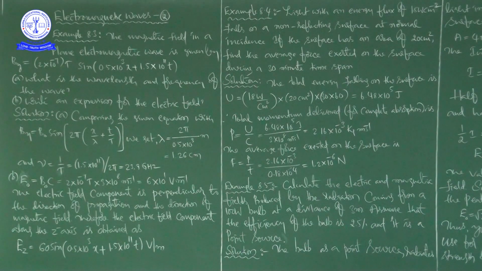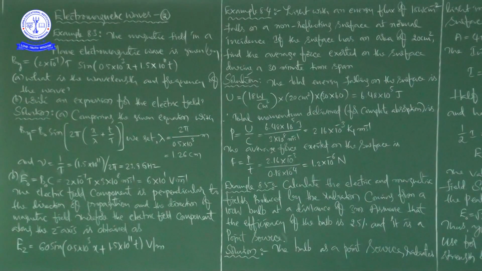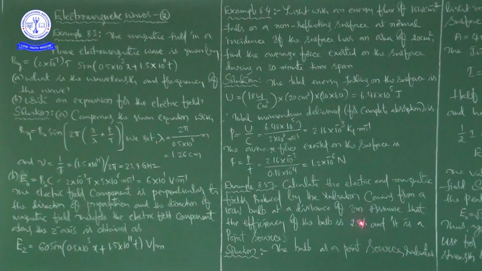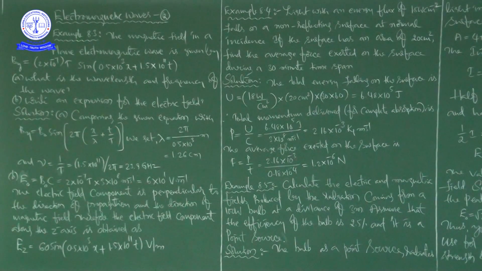Next, example 8.5. Calculate the electric and magnetic fields produced by the radiation coming from a 100-watt bulb at a distance of 3 meters. Assume that the efficiency of the bulb is 2.5% and it is a point source, right? Here we calculated the electric field E naught is equal to root 2 into E RMS, root 2 into 2.9 volt per meter.